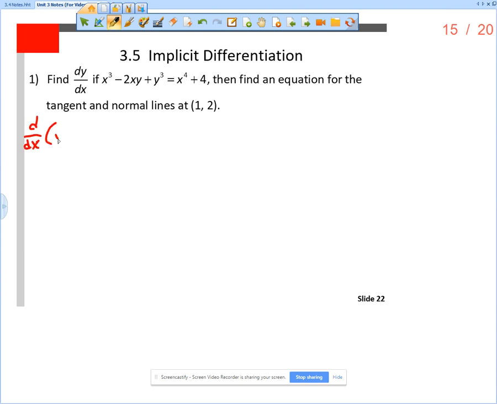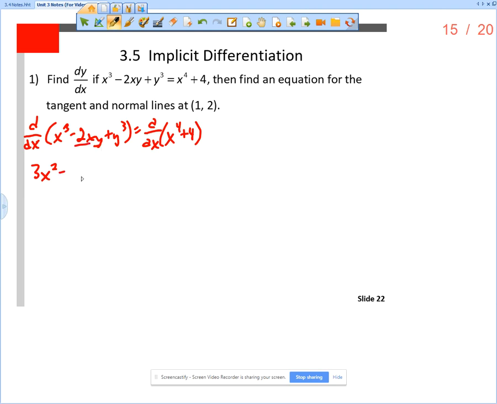So d/dx of x cubed minus 2xy plus y cubed, and then d/dx of x to the fourth plus 4. On the left side, the derivative with respect to x of x cubed is 3x squared. Then minus, now I have 2x times y.